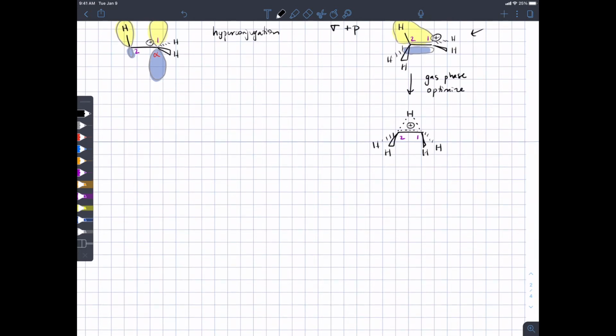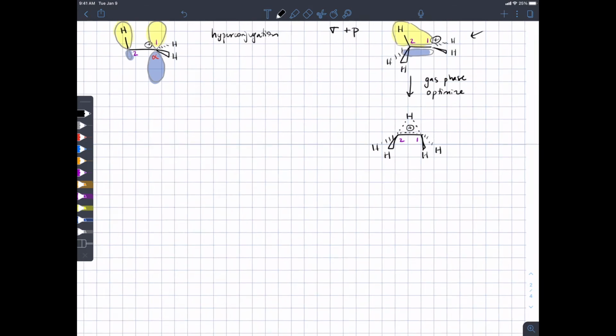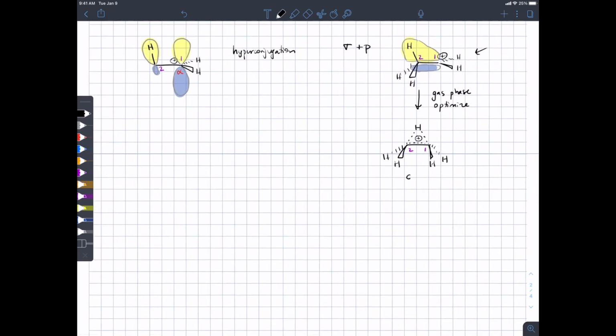This structure has a hydrogen that's sort of bonded to two things, and so it's called a hypervalent hydrogen. And they actually call this, instead of a carbocation, a carbonium ion. And it's unusual because you've got 3 atoms with only 2 electrons shared between them. That's why they're dotted lines there instead of actual lines.